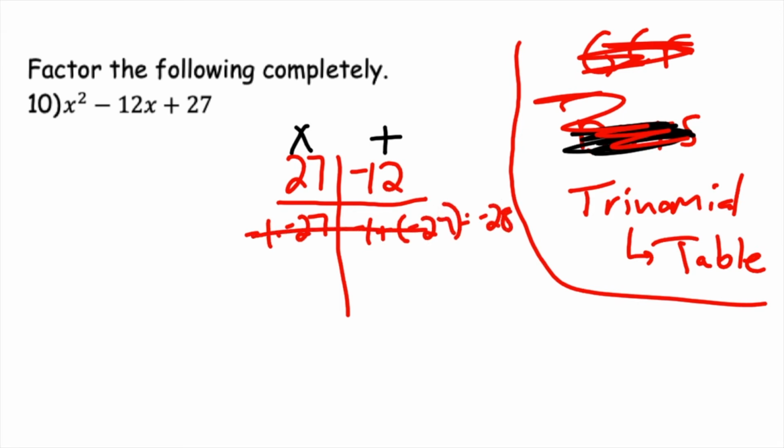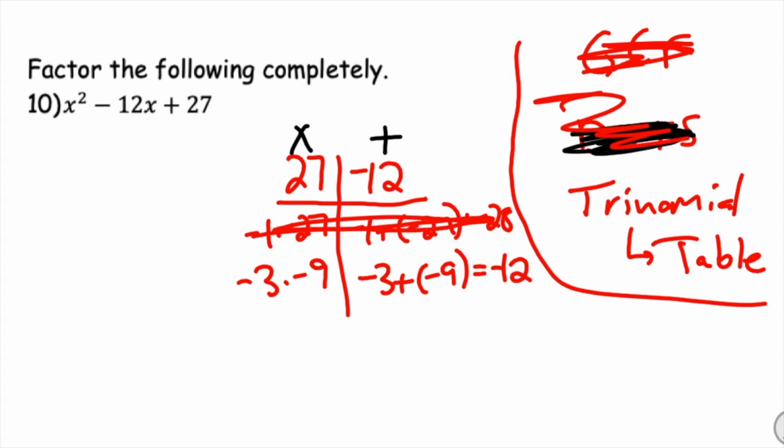So that one's out. We can cross that one out. Next, negative 3 times negative 9. Well, what is negative 3 plus negative 9? Use your calculator. That's a negative 12. So since we got our answer right there, we know that this is correct. We don't have to try anymore. There aren't any more to try anyway because 27 only has those two sets.